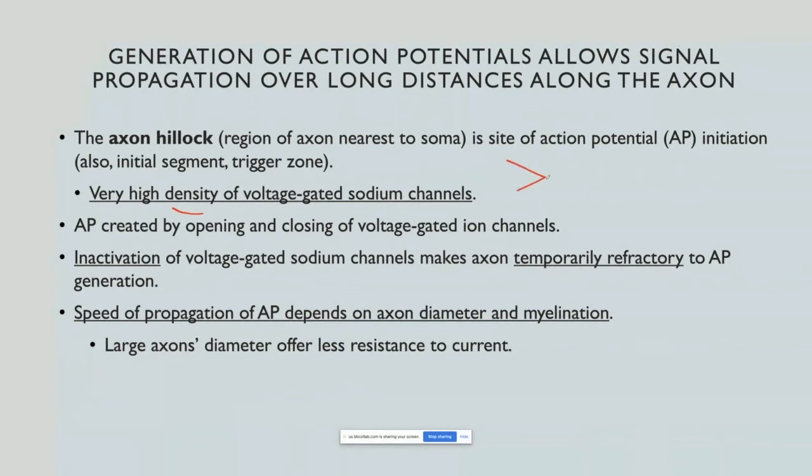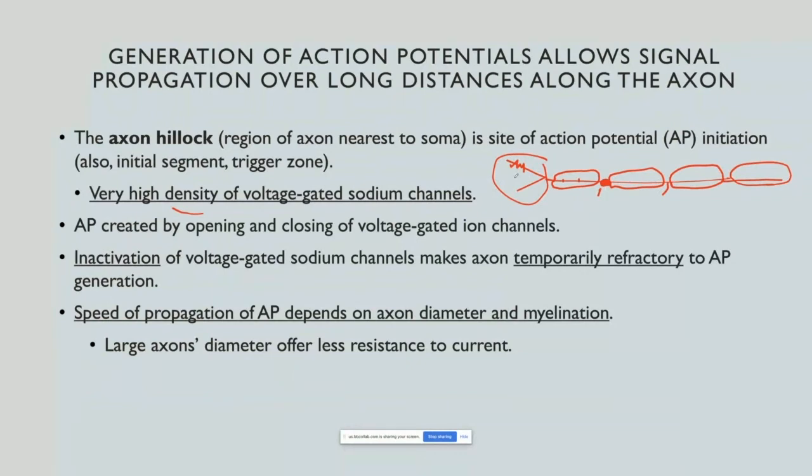We have many voltage-gated sodium channels across the axon, but the hillock is the area with the highest density. Then, if you remember, in the axon there are the nodes of Ranvier, located in the gaps between the Schwann cells. These areas also have a very high density of voltage-gated sodium channels, but not as many as in the axon hillock.